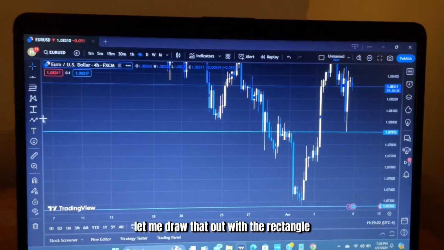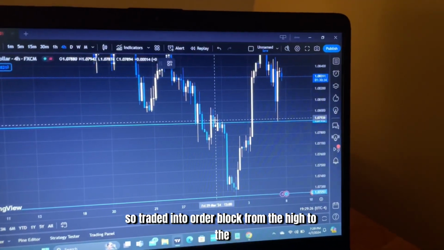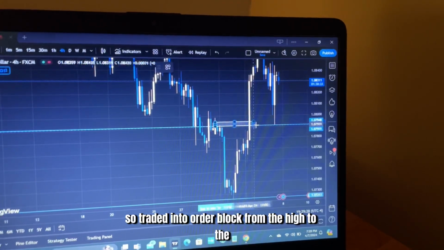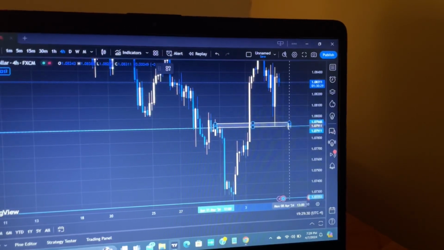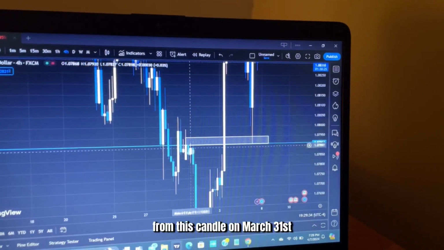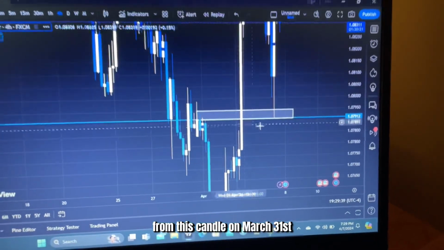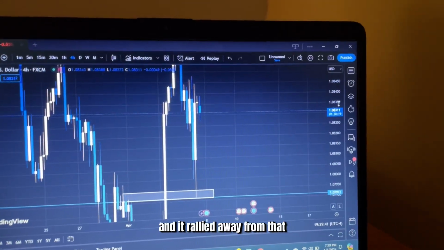Let me draw that out with the rectangle. So it traded into an order block from the high to the open from this candle on March 31st, and it rallied away from that.